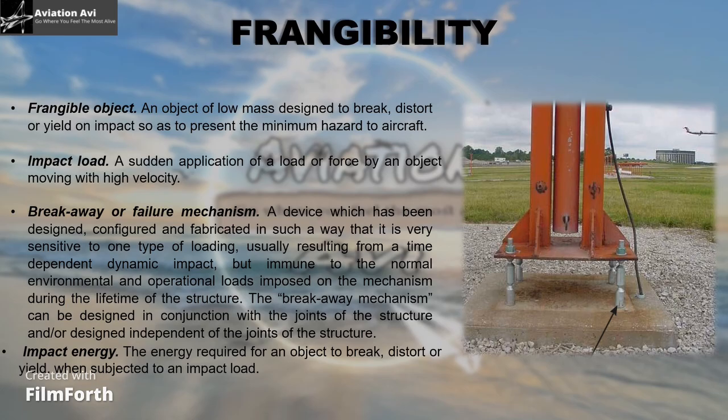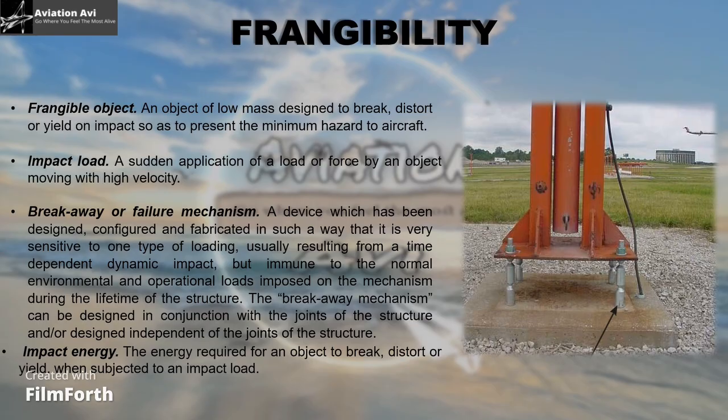Frangible object: an object of low mass designed to break, distort or yield on impact so as to present the minimum hazard to aircraft. Impact load: a sudden application of load or force by an object moving with high velocity, in this case especially aircraft. Breakaway or failure mechanism: a device which has been designed, configured or fabricated in such a way that it is very sensitive to one type of loading, usually resulting from a time dependent dynamic impact, but immune to the normal environmental and operational loads imposed on the mechanism during the lifetime of the structure.